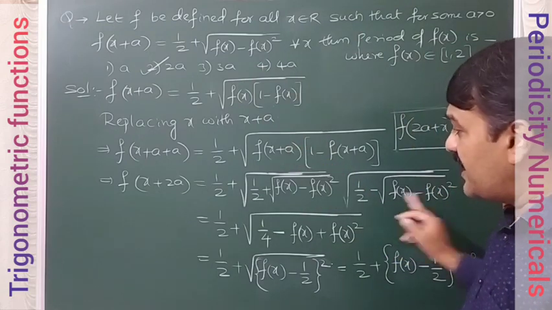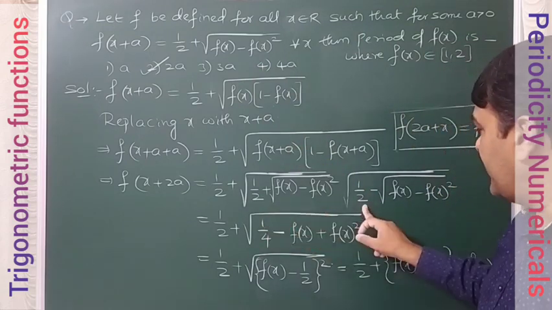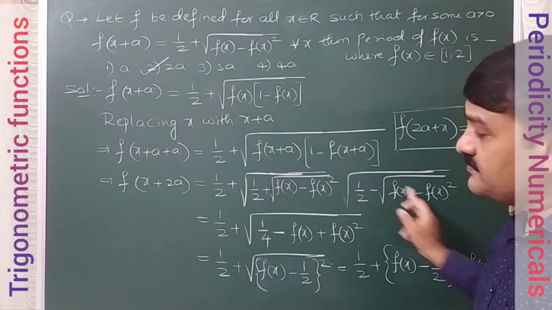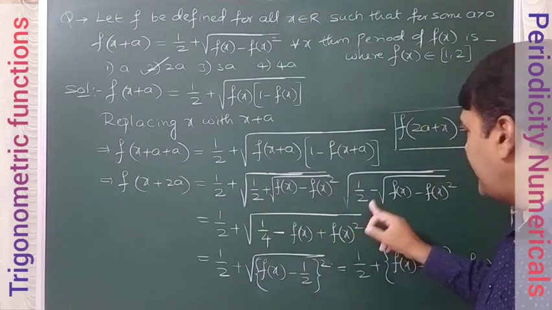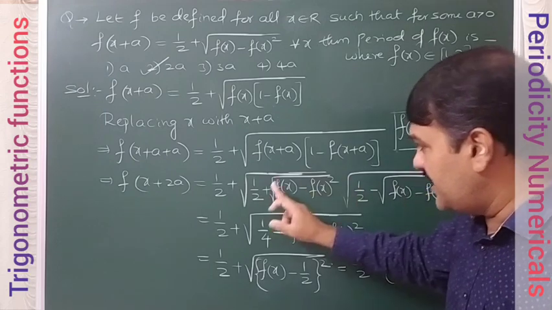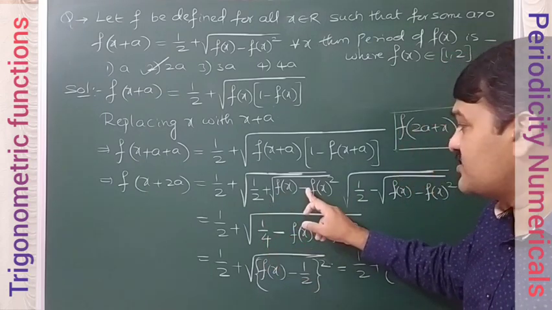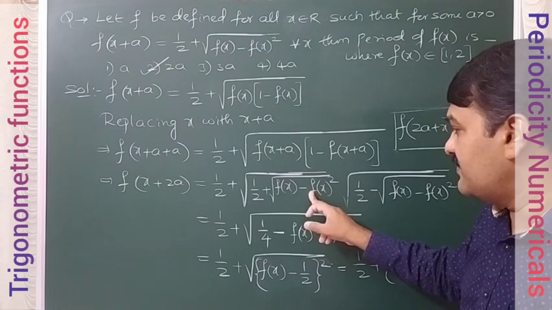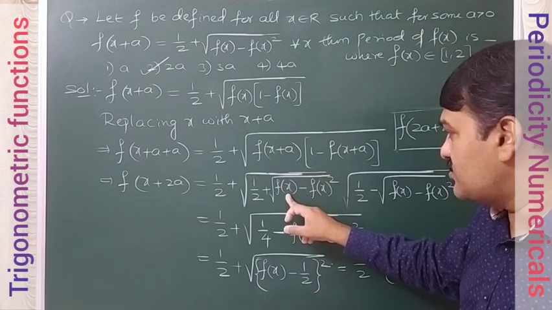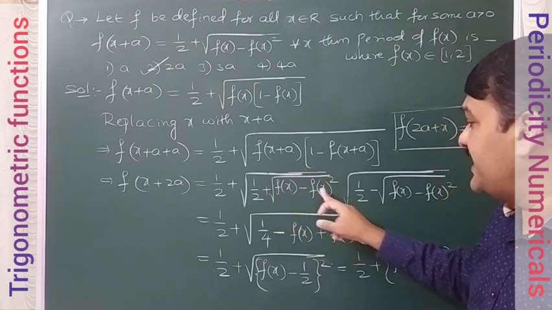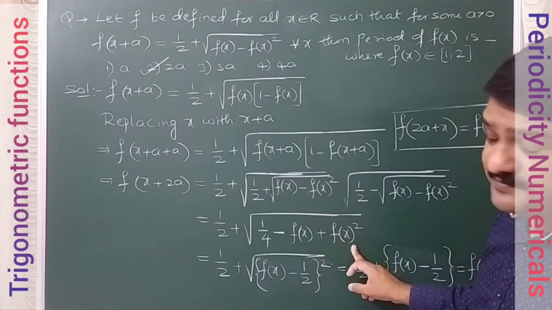Now clearly you have an (a plus b) into (a minus b) model here. So a square means (1 by 2) square minus b square, square of this. Square of this means the root will be cancelled, no? So minus of f of x minus f of x square.